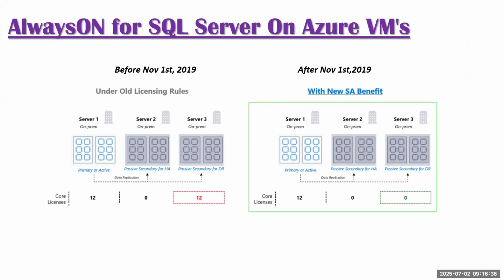In the licensing itself, Microsoft came up with the concept called software assurance benefits. This is also very important, sir. You should understand. So before November 1st, 2019, this is in terms of high availability, sir.